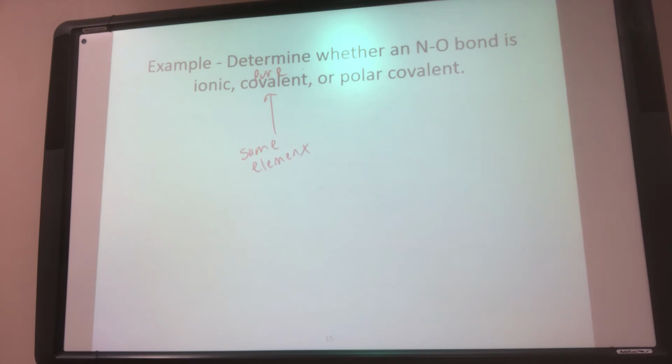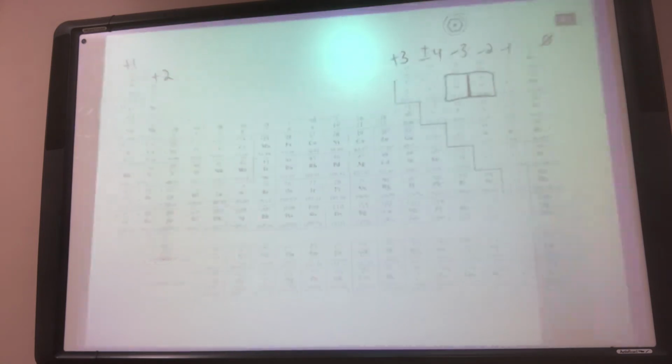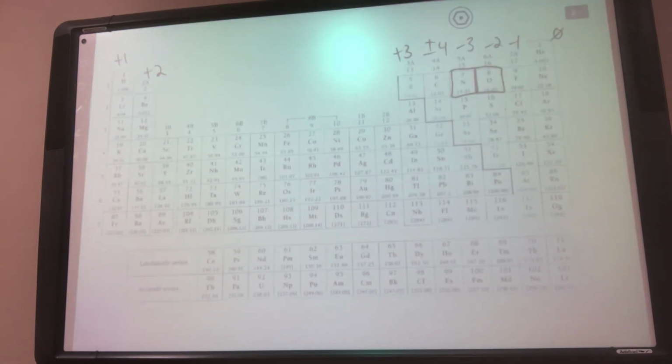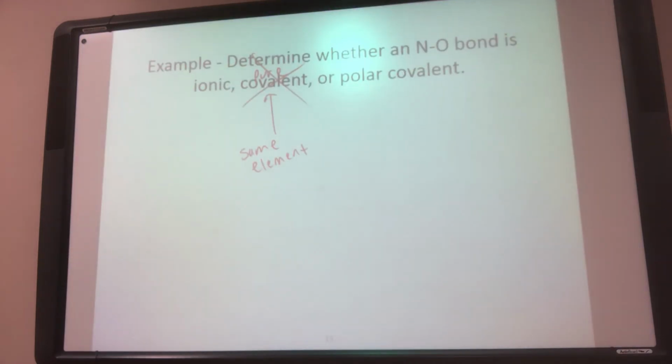So that's not the case. Ionic was if it's a metal and a non-metal. Well, what are these? They're both on the right side, so they're both non-metals. So this has to be a metal and a non-metal. Well, that's not the case here. So the only thing that's left is polar covalent.